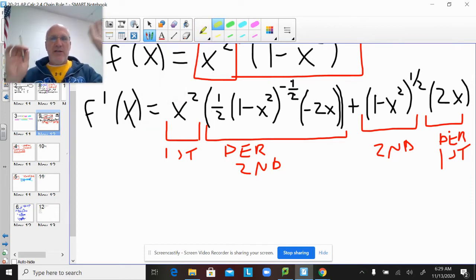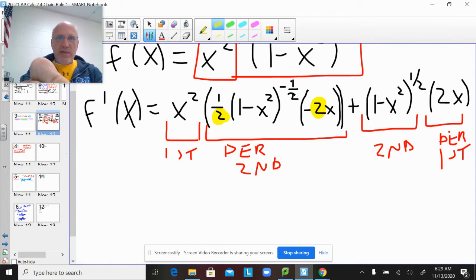If I were doing this myself, I might do a couple things at once. But I see a 2 right there that's on the bottom, and a 2 right there. Those might go away. Those cancel. And then to the left of the plus sign, I see an x squared and an x. That becomes x cubed. So I think I can simplify this left side.